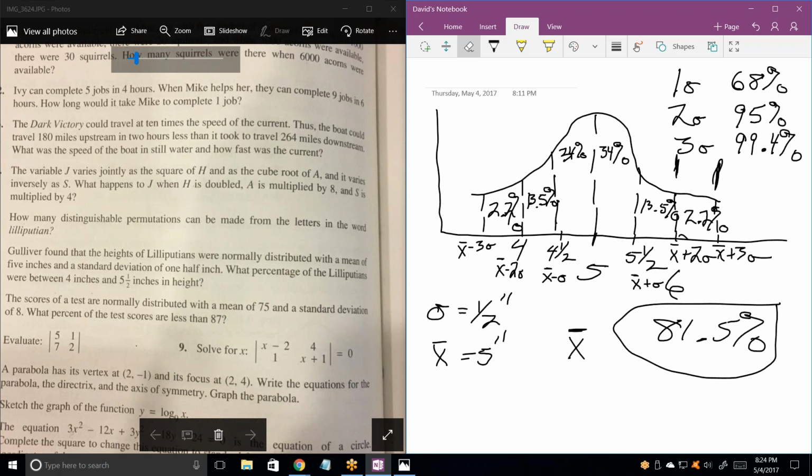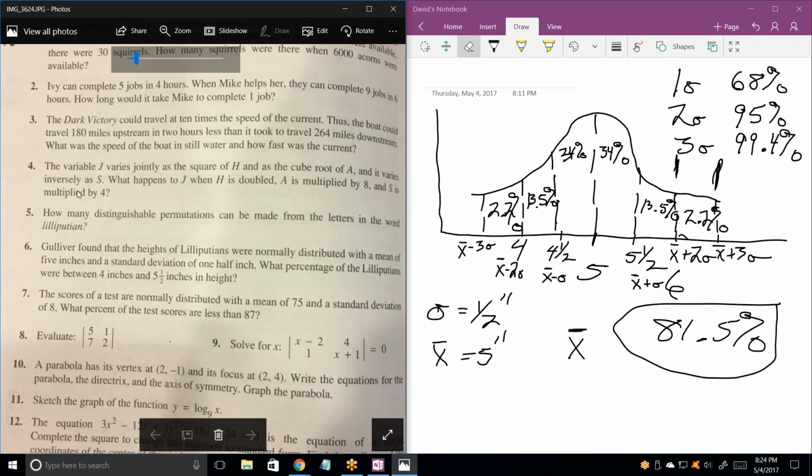So that's why I have 2 labels at each point on this curve. It's because we need to know that the 4.5 mark is 1 standard deviation below the mean. Okay? 1/2 inch.